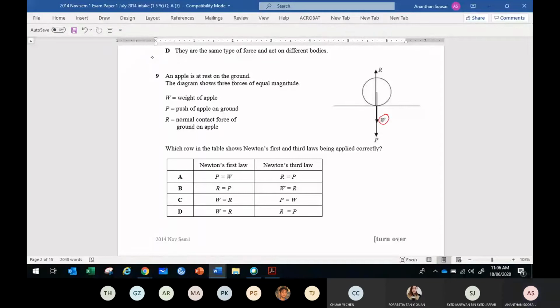We know that. But then, what is this new force P? P is the push of the apple on the ground. Maybe most of you think the push of the apple on the ground and the weight are the same. Is it the same or not necessarily always the same?